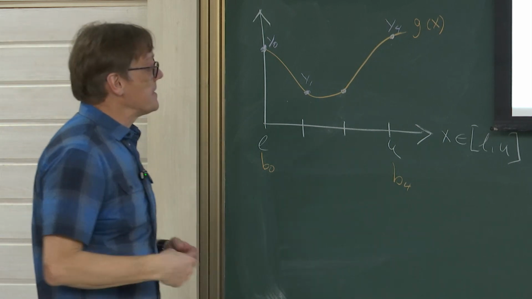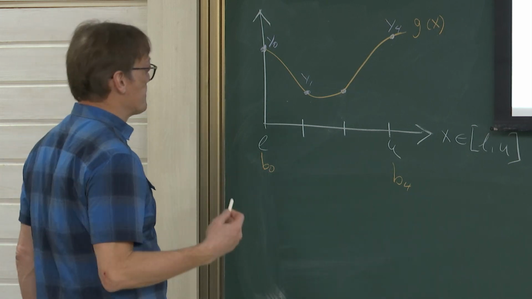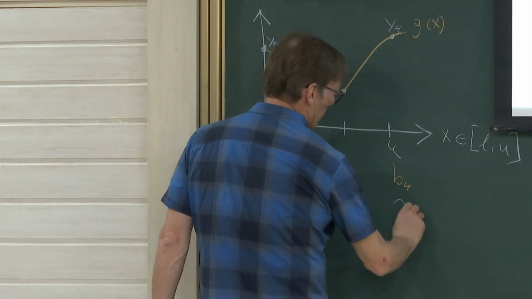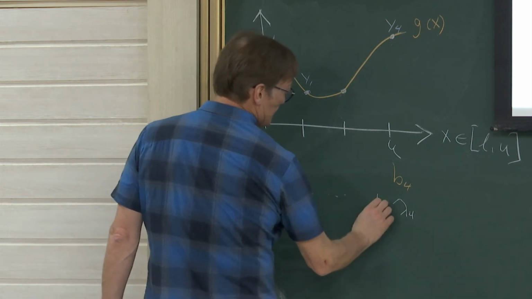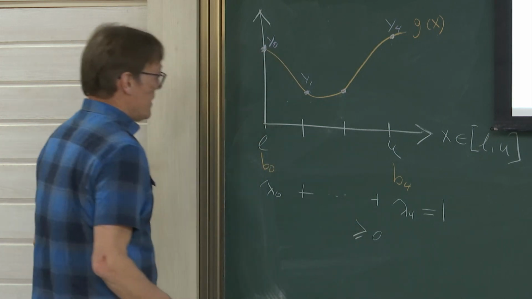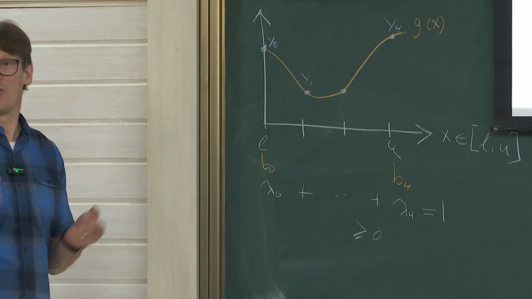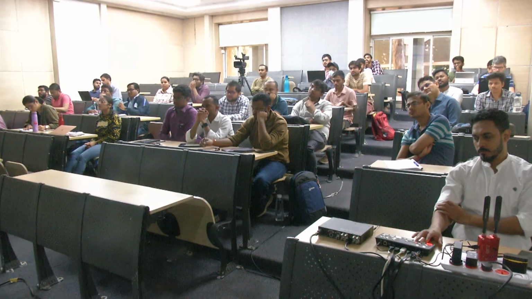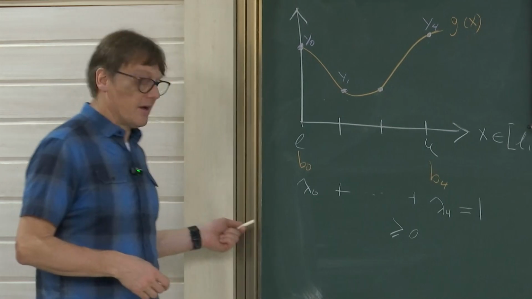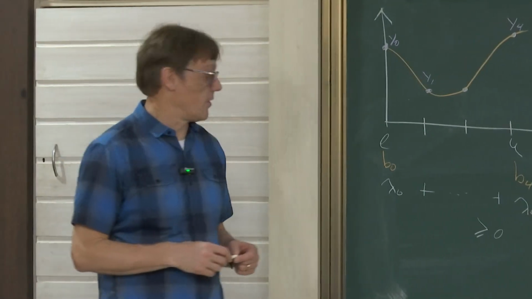Okay, and now I introduce these lambda variables, and the lambda variables also correspond to the breakpoints. So there's a lambda 0 up to lambda 4, and the sum of these lambda variables is equal to 1, and they're greater or equal to 0. So that means that this is a convex combination. We talked about the convex hull, and the convex hull is of a set that was constructed by having variables lambda which were non-negative and summed up to 1, and doing all combinations between all feasible points.